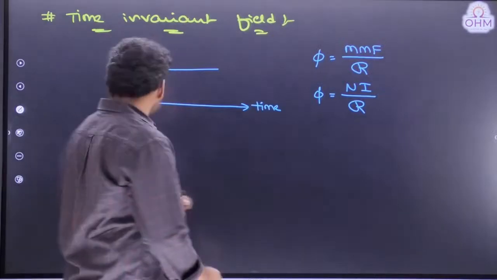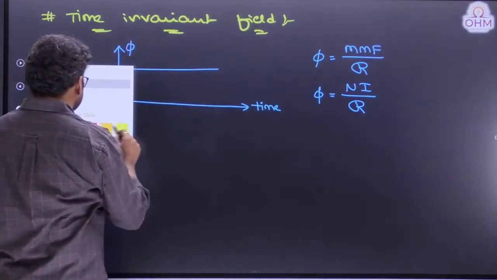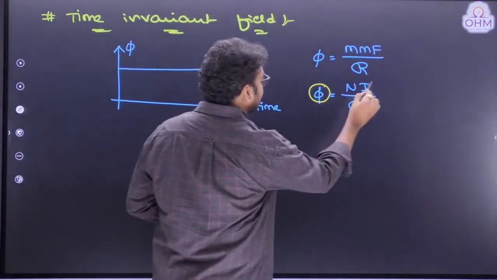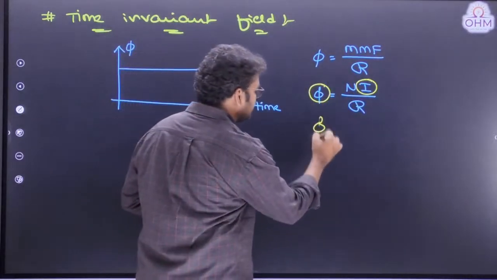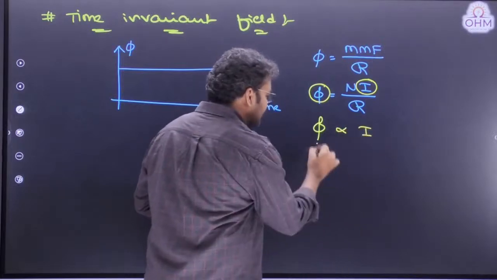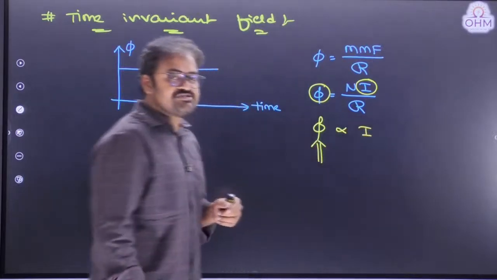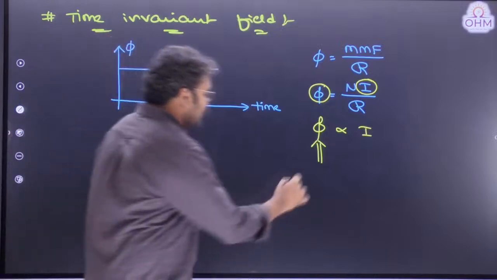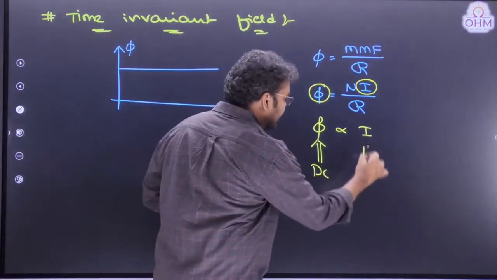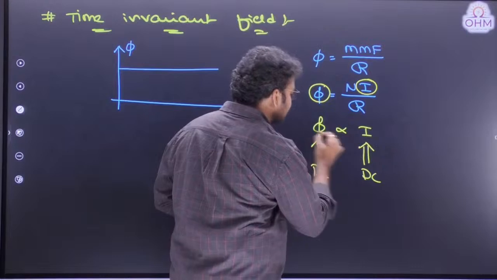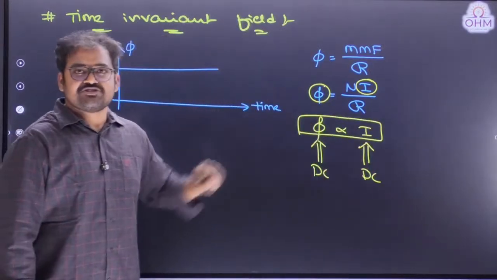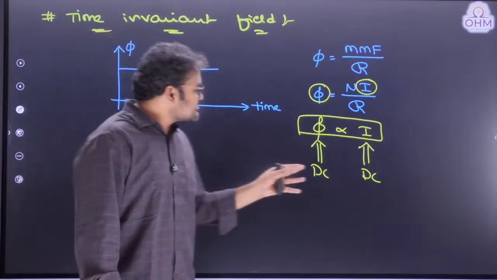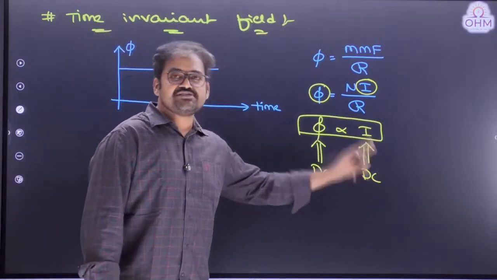Now, according to this relation, flux is directly proportional to current. And if you want time invariant flux, that means indirectly DC flux, you need to excite the magnetic system using DC current. Therefore, in a synchronous machine, the magnetic field system is always excited using DC current.